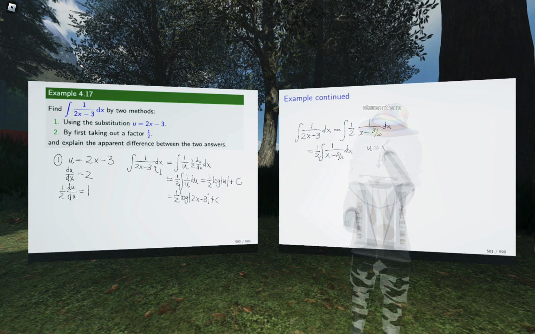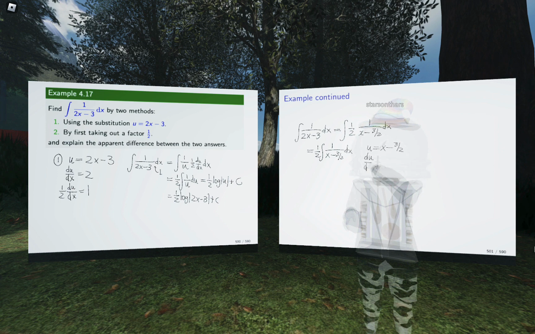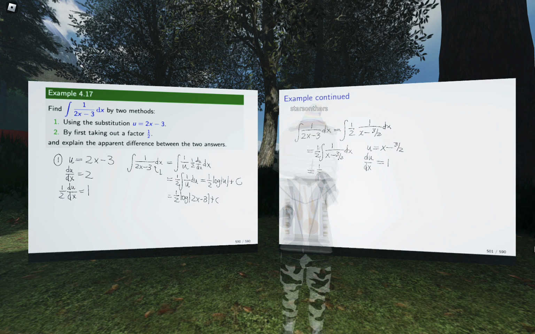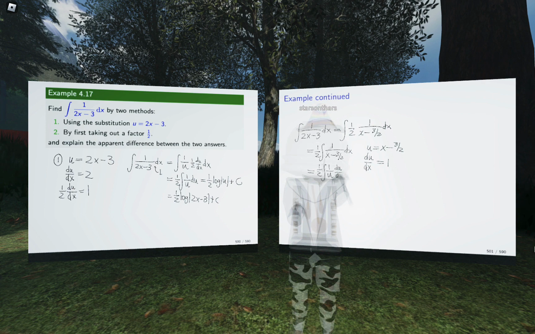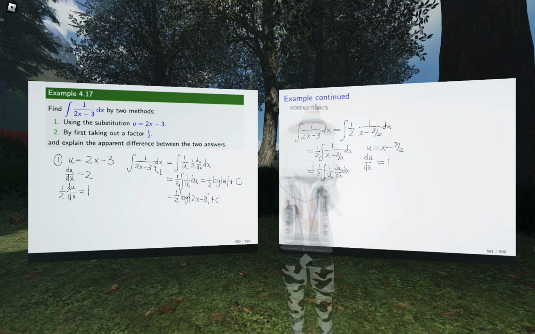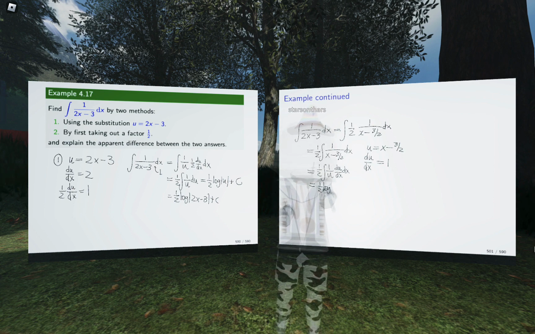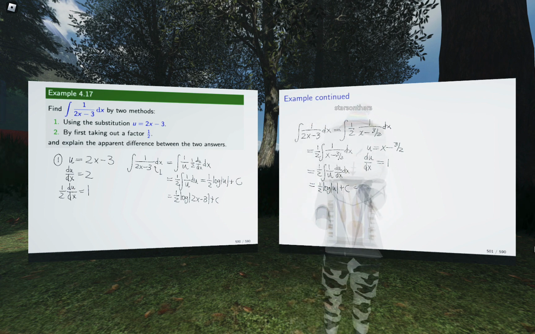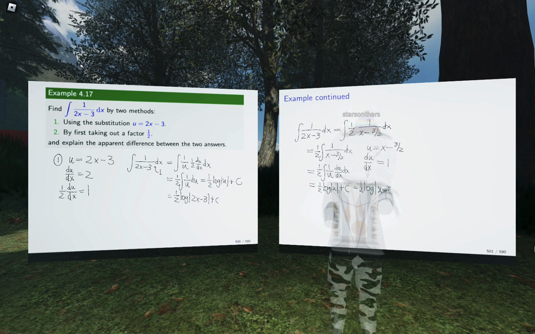It is u equals x minus 3 on 2. So du dx is just 1. So that becomes half integral 1 over u du dx dx. So that's half log u plus c. That's a half log x minus 3 on 2 plus c.